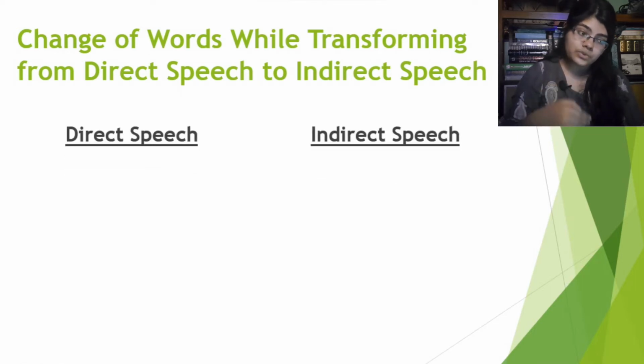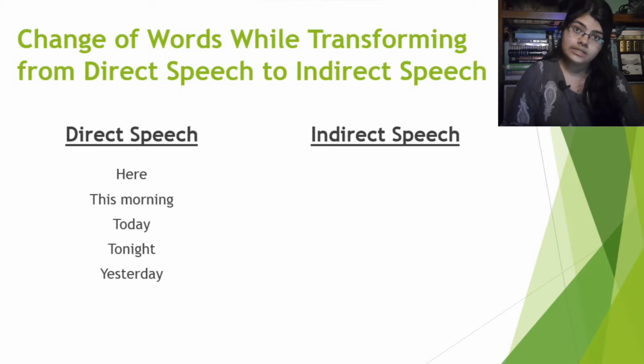Now these words such as here, this morning, today, tonight, yesterday, tomorrow, next week, next month. If these words are present in the direct speech, in the indirect speech they will be changed.